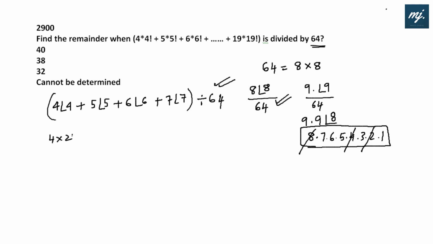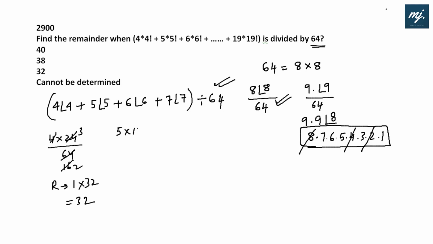4 into 24, when divided by 64: this is 16, 8 times 2 and 3, we end up getting remainder 32. So 4 factorial 4 when divided by 64, remainder is 32.